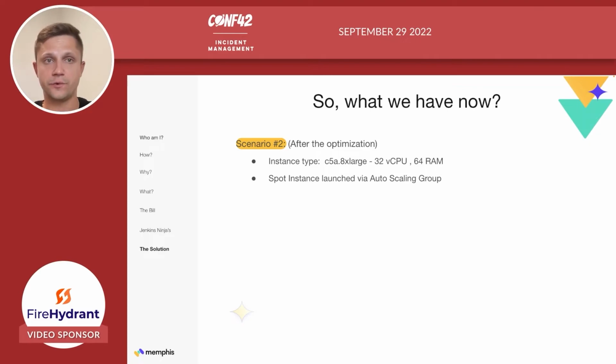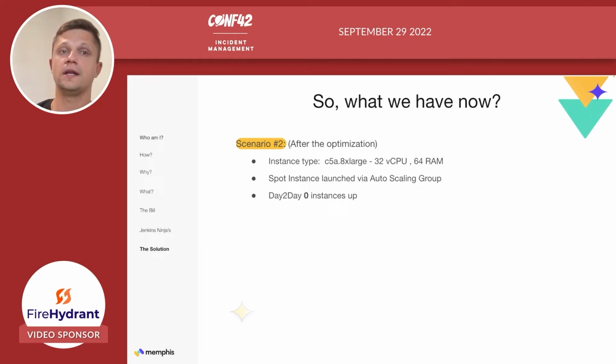But the interesting part is that on a day-to-day basis, I have 0 instances up. It's important. Before this optimization we had one fat Jenkins, a huge machine with a lot of power running all the time, 24/7, all month, all year. Now we have 0 instances up day to day, and you will see how it reflects in the numbers.